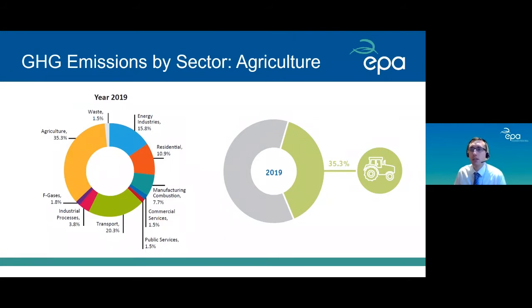And of those emissions, the majority are livestock-related greenhouse gas emissions. So therefore, we've focused this year on making some improvements and refinements to reflect up-to-date data and science on these.